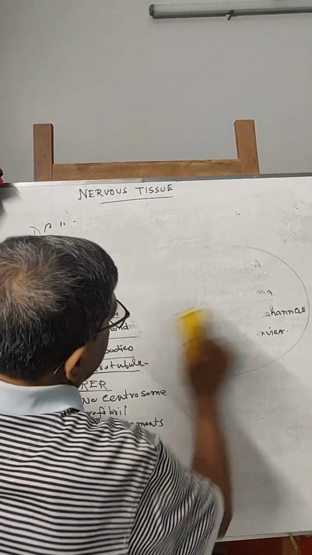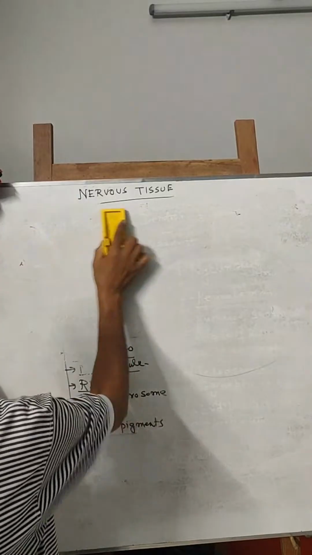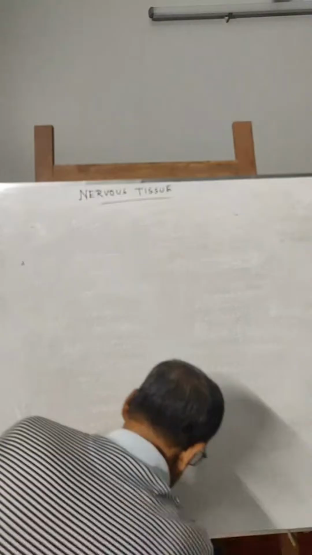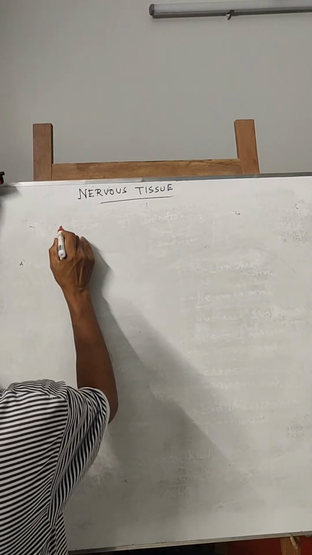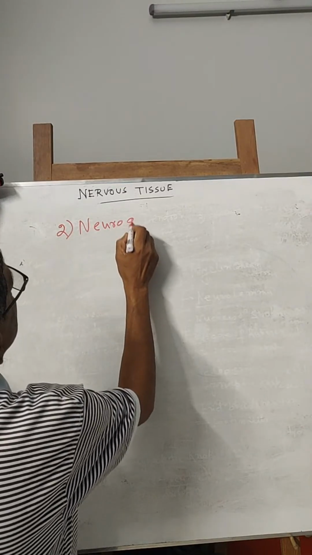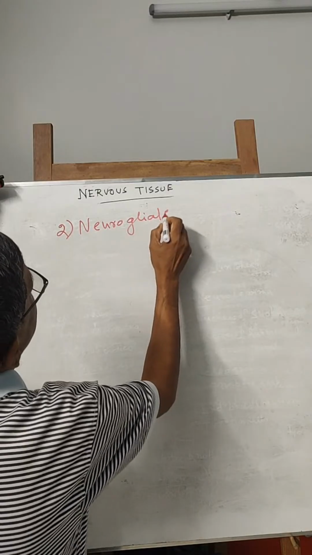Next, another type of cell, the supporting cell, is found in the nervous system, which is called neuroglial cells.